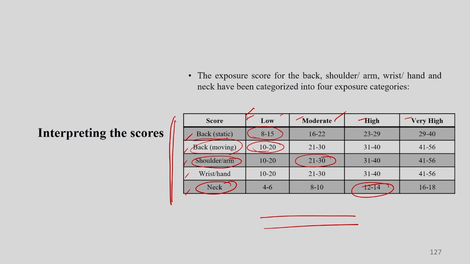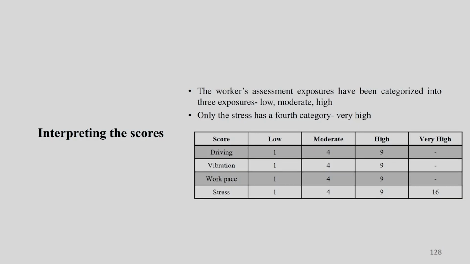The workers' assessment exposure has been categorized into 3 exposure levels again, like low, moderate, high. Sorry, not 3. Very high is present only in the case of stress, but for other cases it is only 3. So for driving, vibration and workspace you can have the value and get the categorization done.